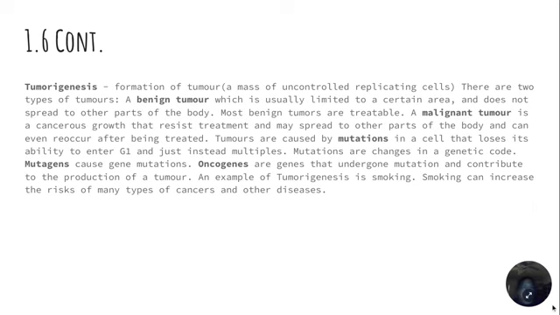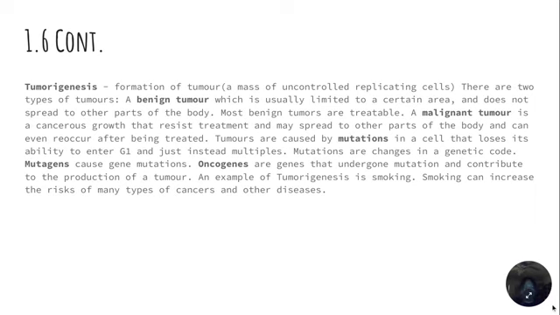Most of these tumors are treatable. And then we have a malignant tumor, which is a cancerous tumor that can be resistant to treatments and might be able to spread to other parts of the body, and even when removed can reoccur after being treated.